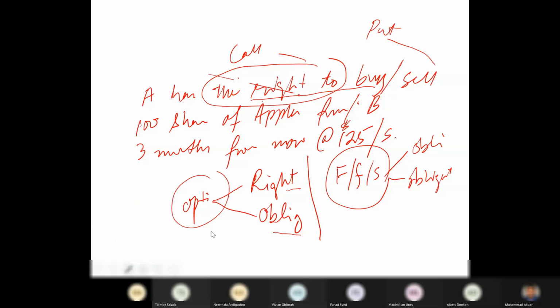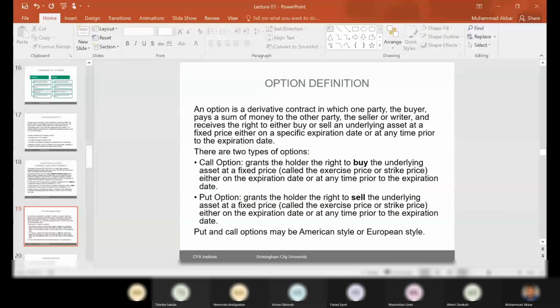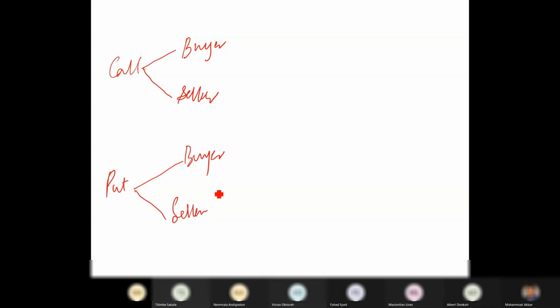Now I'll just try to clarify this further given its importance. So we have call options and we have put options. For a call and for a put, we will have a buyer and we will have a seller. And here we will have the buyer of the put and here we will have the seller of the put. The buyer of the call will have the right to buy the underlying.